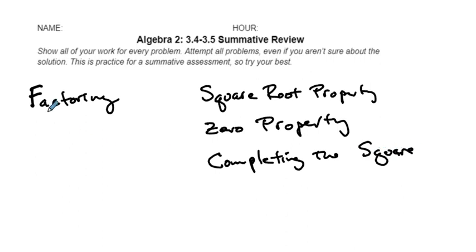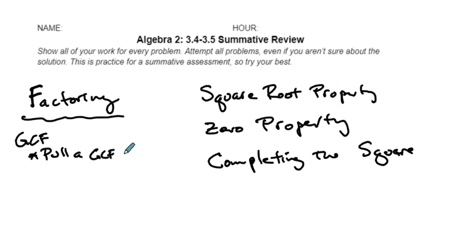Let's talk just really quick about factoring. With factoring, we've got two main methods that we're looking at. We have our GCF method, which is where you pull a greatest common factor out of all the terms in your polynomial.